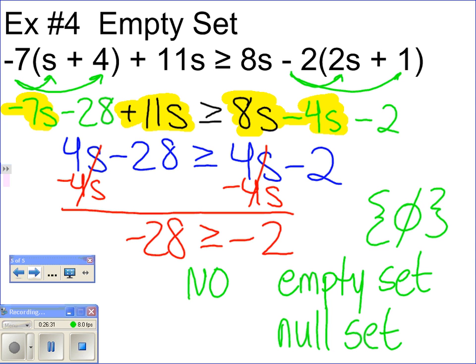That is the symbol for the empty set. There's no number that works, or no solution for this problem, but we don't say no solution because it's a set problem, an inequality. So we can use the 0 with the line through it, or the words empty set, or the null set, which is not as commonly used.